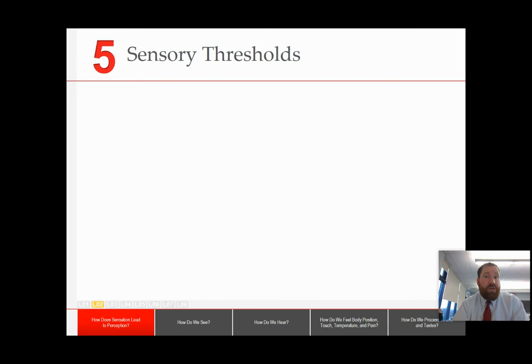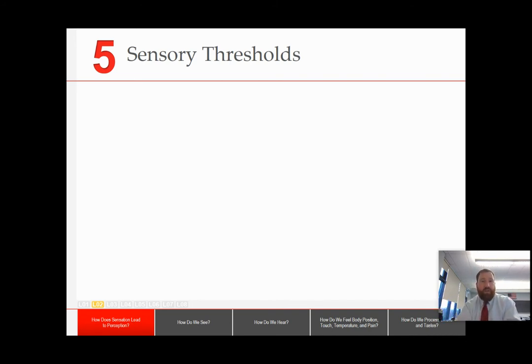This is not the same as inattentional blindness, where you don't see it because you're not paying attention. But this is that it's below the threshold of visual perception or auditory perception or olfactory perception, or gustatory perception, or haptic. How about that? Haptic perception. That's the sense of touch.